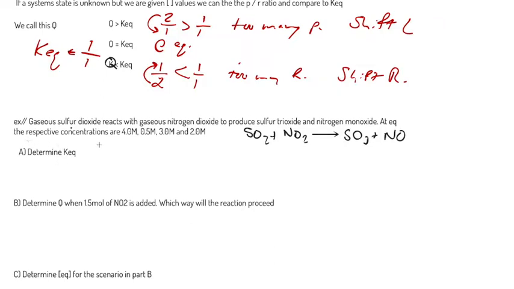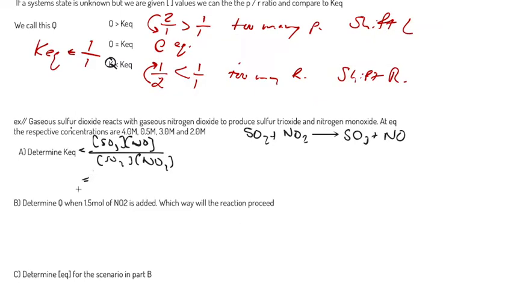Now it says our respective concentrations are these values, which means that this is 4, that's 0.5, that's 3, and that's 2. So KEQ is still products over reactants. So we're going to deal with the concentration of sulfur trioxide up here, the concentration of nitrogen monoxide, and I do hope you're working through this at the same time I am. Sulfur dioxide and nitrogen dioxide, those are the reactants.